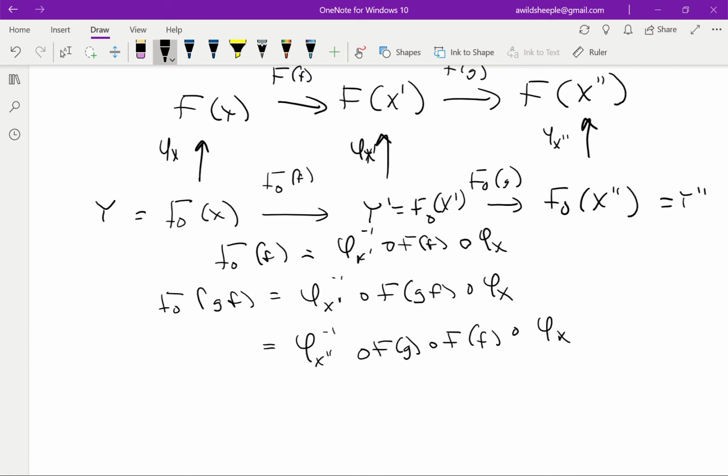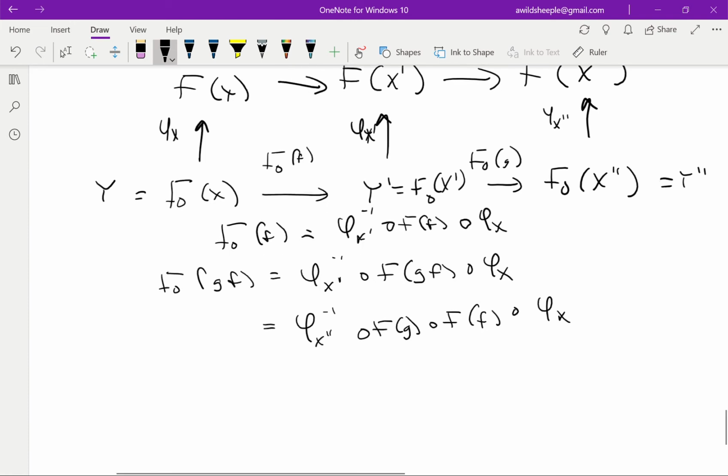And that represents going around the top path of this. And what we get then is we can insert in here the missing inverse, phi x prime and phi x prime inverse, just right in the middle.